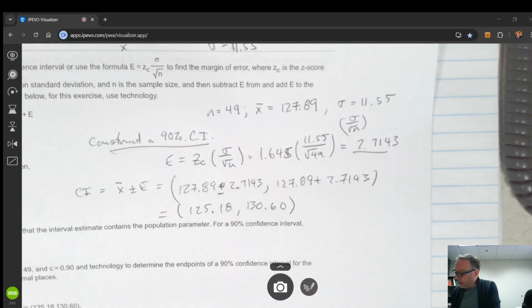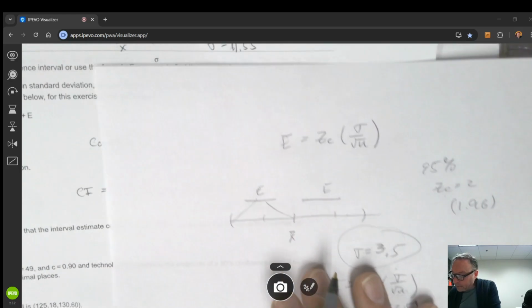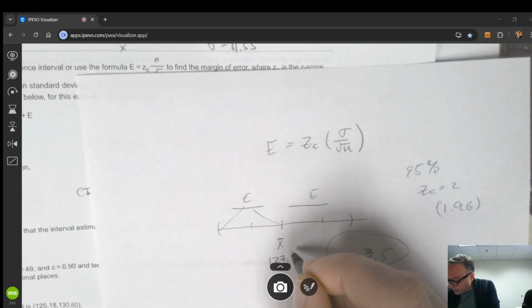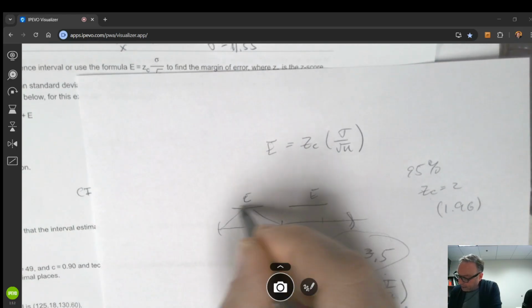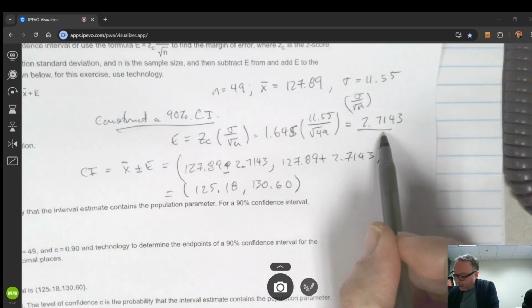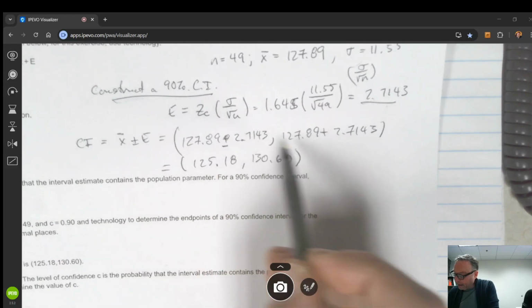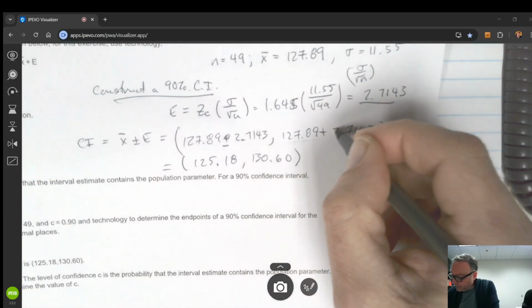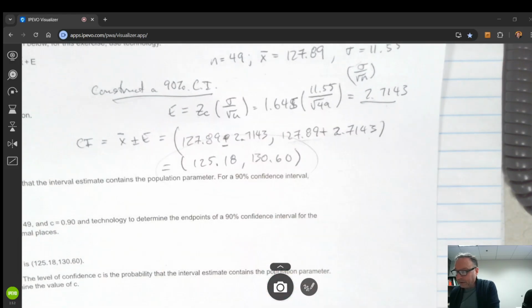So the mean is 127.49, and I'm going to add E to get this data point and subtract E to get that one. Here's my E, it comes out to be that. I take the mean minus the E, and the mean plus the E, the error term, and so this is going to be my confidence interval there.